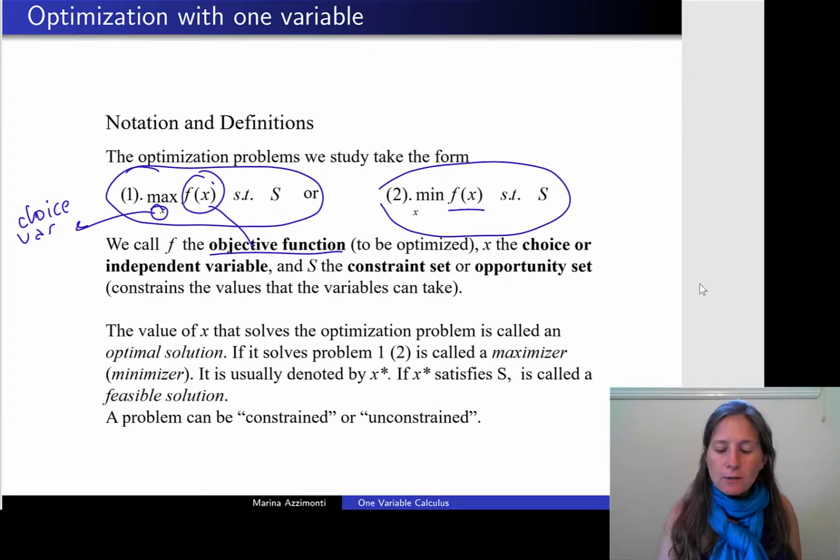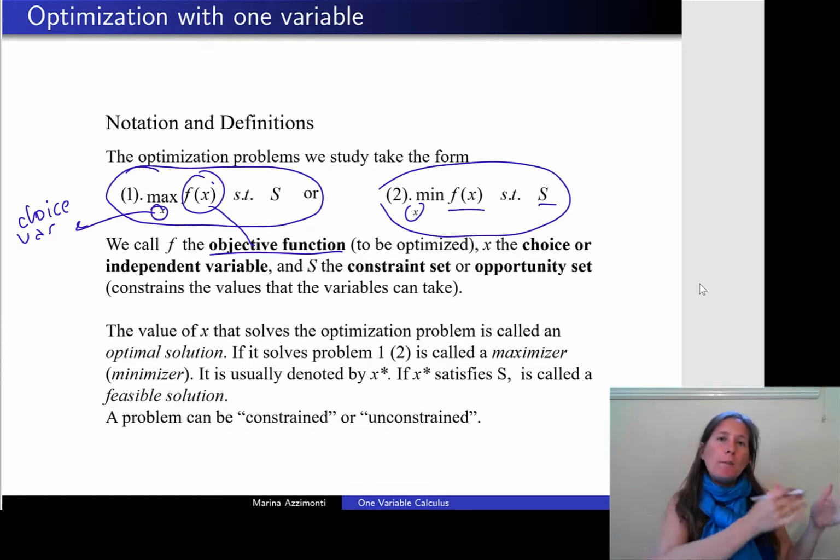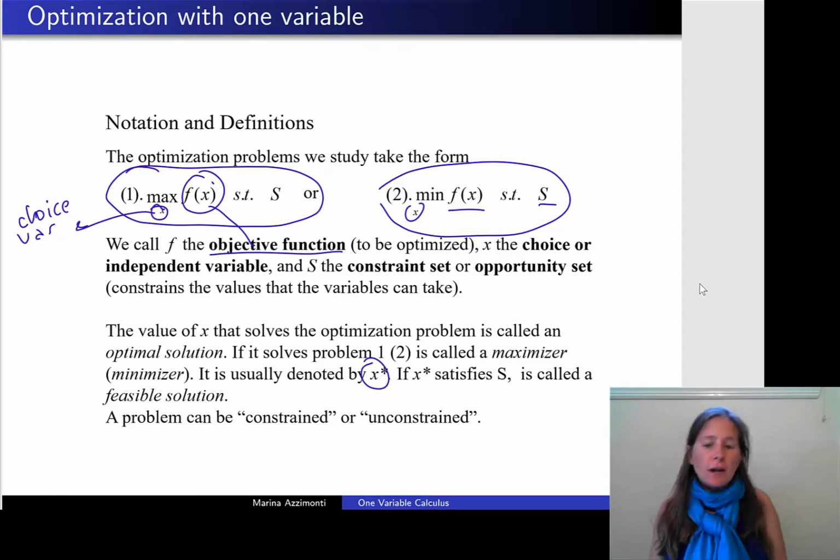We have an objective, we have a set, and we have a choice variable. The value of x that solves the maximization or minimization problem, our optimization problem, is going to be called the maximizer or the minimizer. And we typically put a star to it. If x star is inside the feasible set, then we are going to call it a feasible solution.